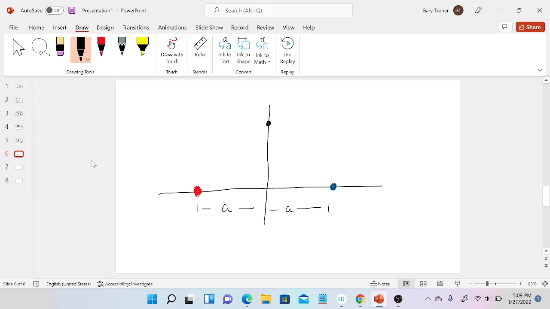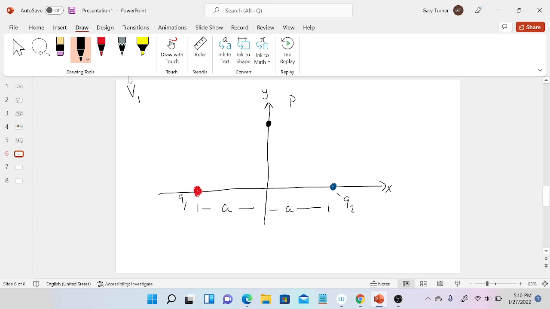And I want to calculate what the potential is at this point, P, along the y-axis. So the potential of two point charges, let's label this as Q1 and this as Q2.